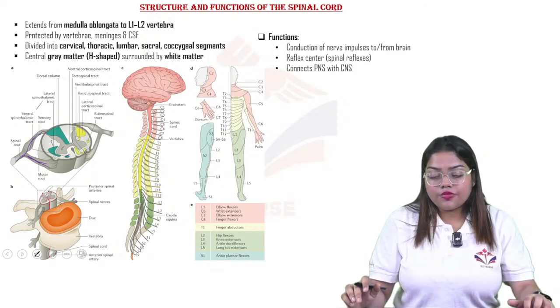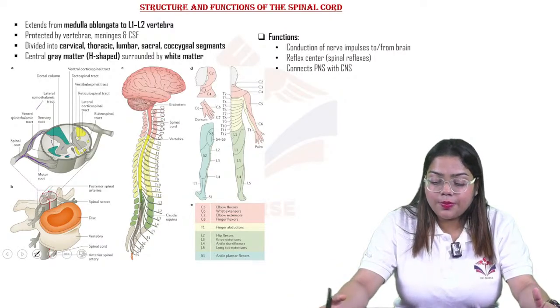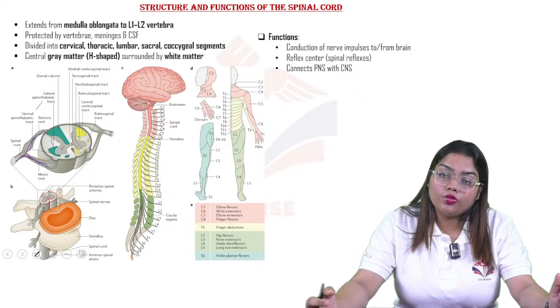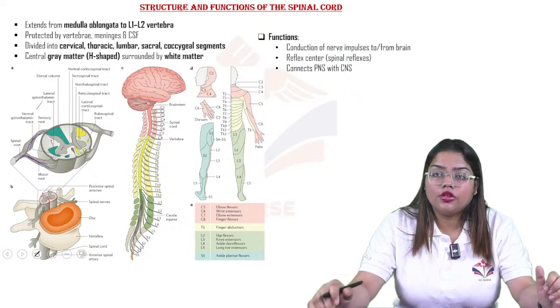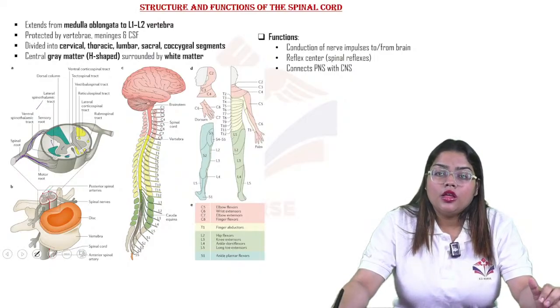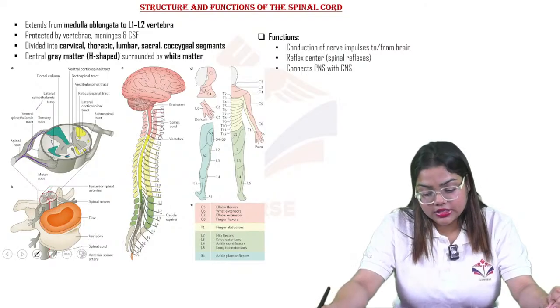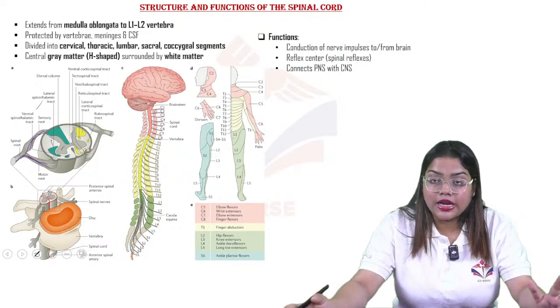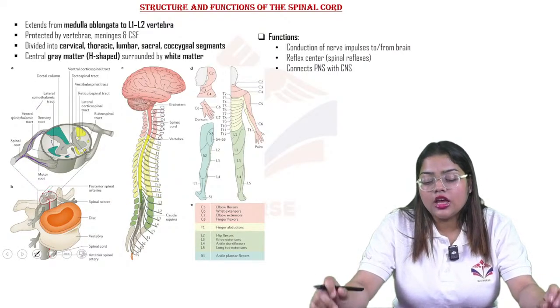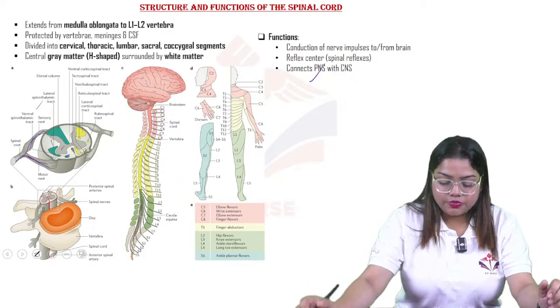So what is the function of the spinal cord? The spinal cord conducts nerve impulses from the brain to the body or from the body to the brain. Okay, it is a reflex center for spinal reflexes, and it connects the peripheral nervous system to the central nervous system.